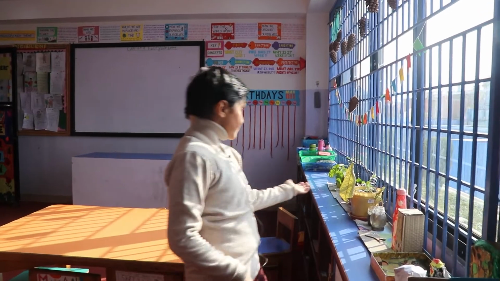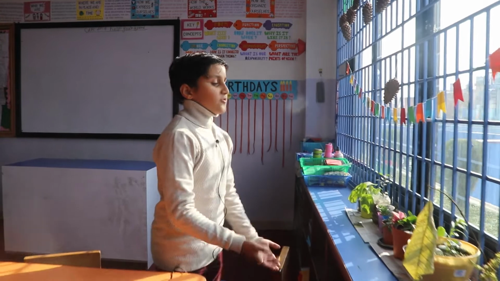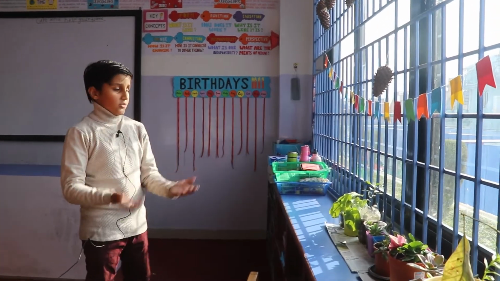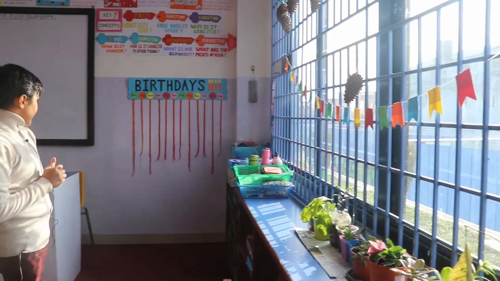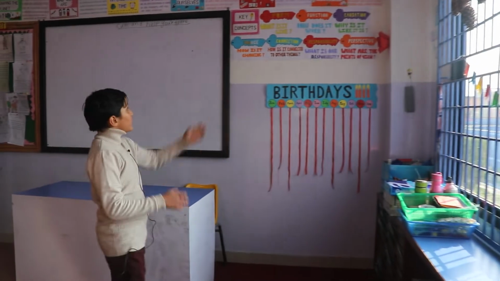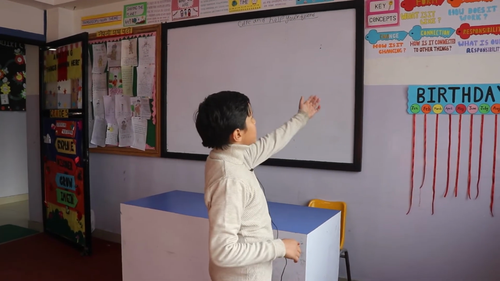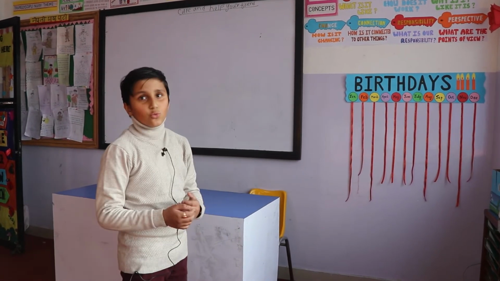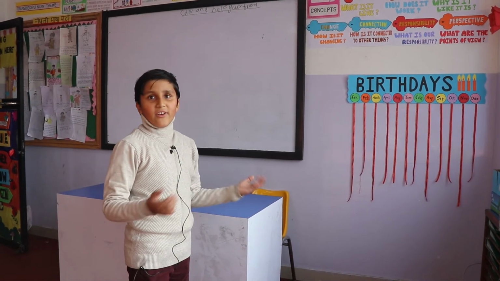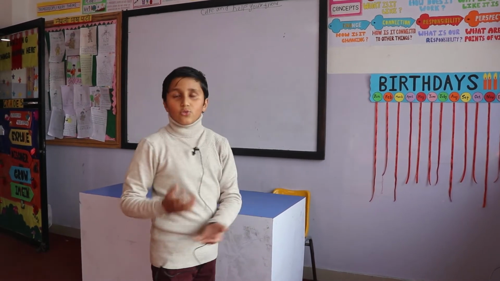And here are some plants. We bring them from our room for practical work for our theme, saving the planet. And lastly we have here all of the themes and key concepts. And here we have the students' birthdays, where we can find out which student's birthday is today.